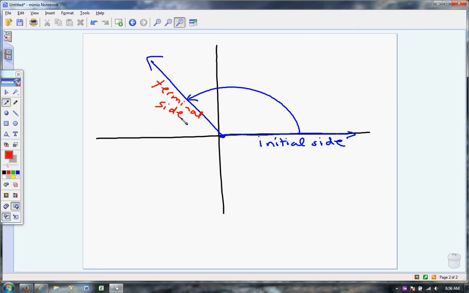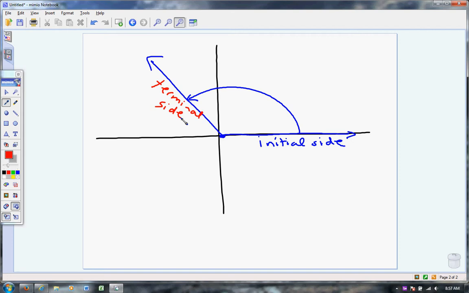When you think of terminal, you think of the end of something. When you finish a plane ride, if you get on an airplane and take a flight, you finish at the terminal, all right? And so the terminal is kind of the ending side, all right?